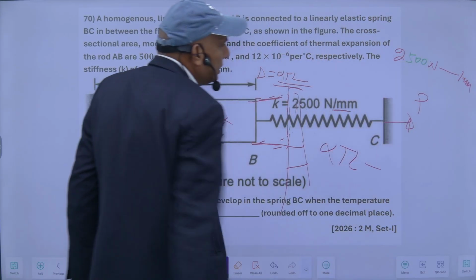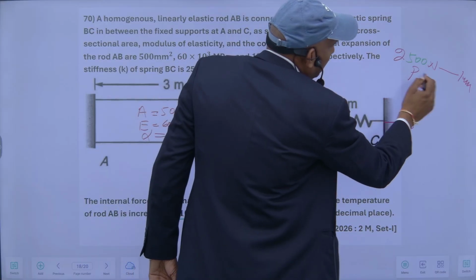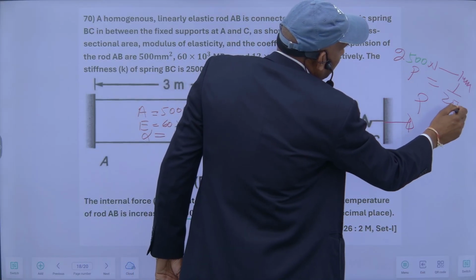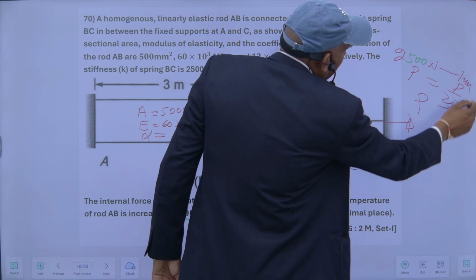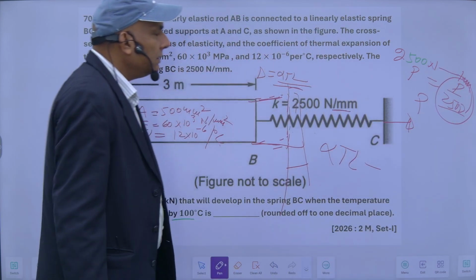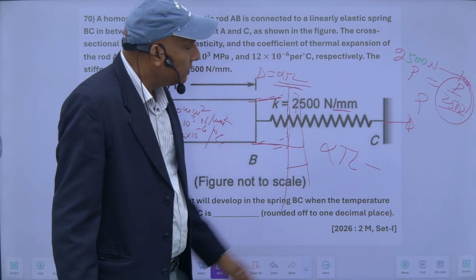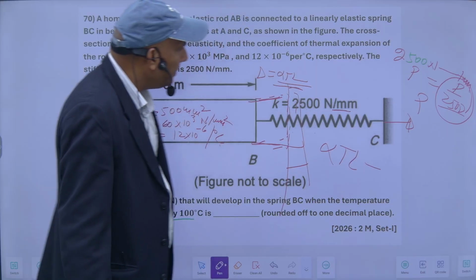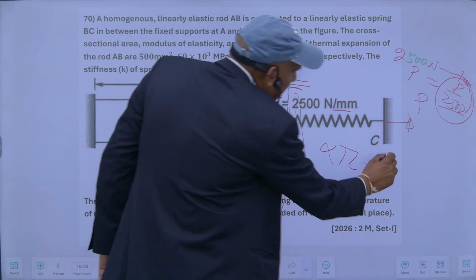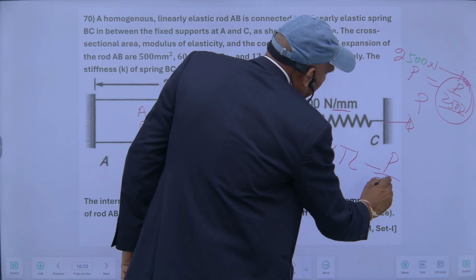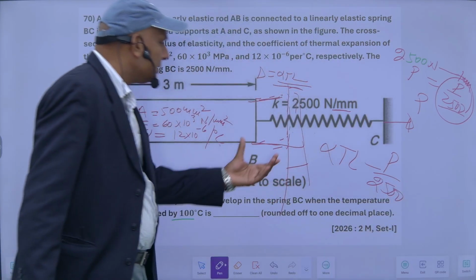Suppose my force is P, then how much will it be? 1 upon 2500 into P. So this will be the yielding, the flexibility of this spring. So this will be P upon 2500, this much will be the flexibility of this spring.